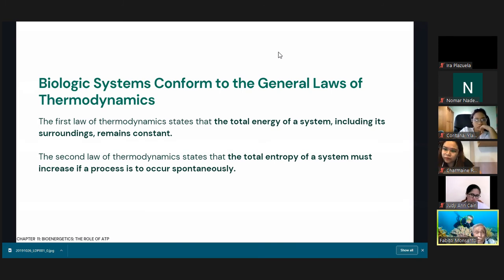You are all sitting down, doing nothing, just listening to your teacher. All of a sudden, somebody shouts from outside, "Fire!" So everybody stands up and rushes to the door. That is now increasing the entropy. You increase the disorderliness. There's so much disorderliness that you bump into your chairs, you bump into each other.